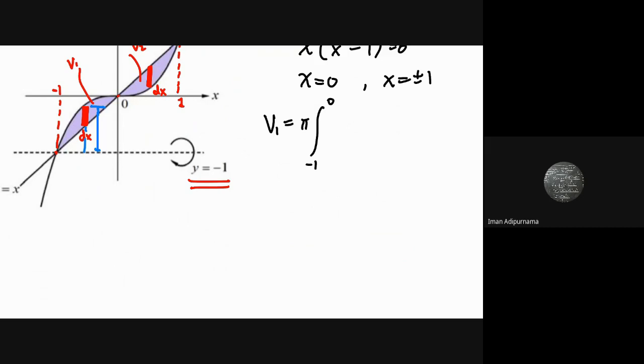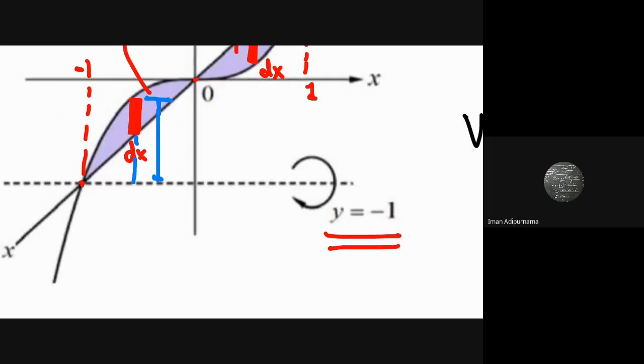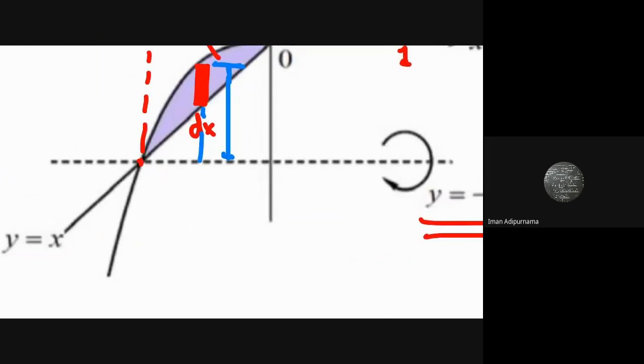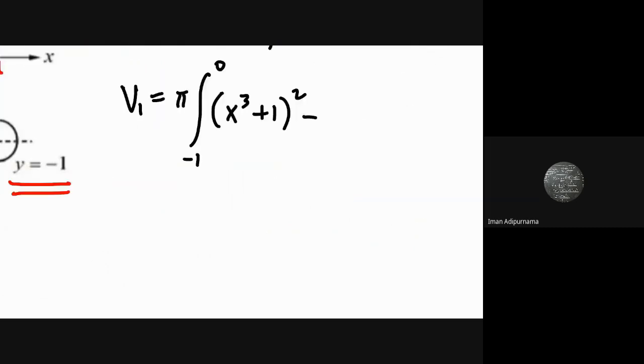This will be x cubed plus 1 squared, the length of this blue line, minus the inner radius, this yellow line here, which is x plus 1 squared, all multiplied with dx.